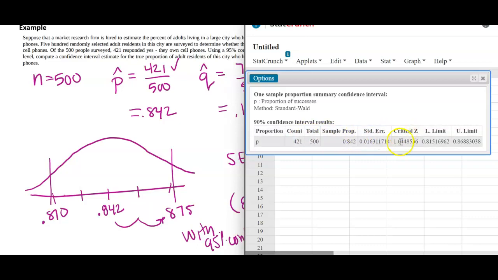I just changed the confidence level, and my confidence interval got a little bit smaller. That's because now I'm only 90% confident that the proportion is between these two numbers. So the width itself is smaller because my confidence level is smaller, and my critical Z is smaller because I'm closer to the middle, or my point estimate for the proportion here.